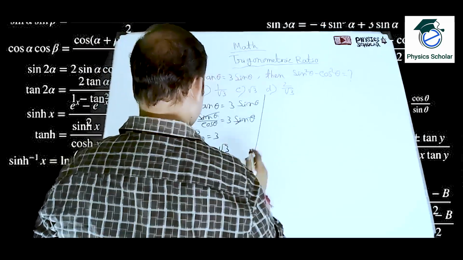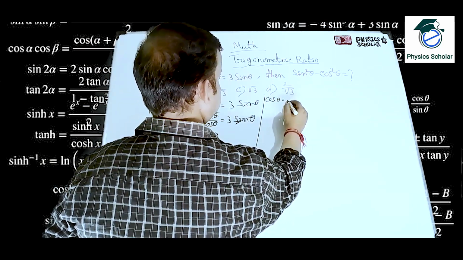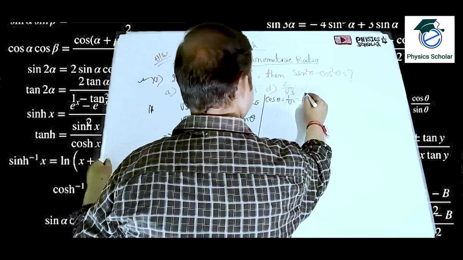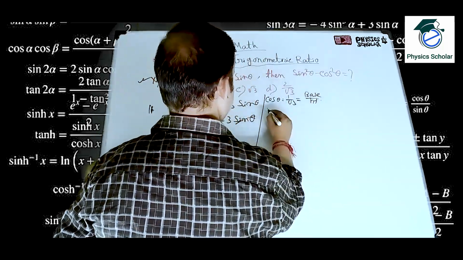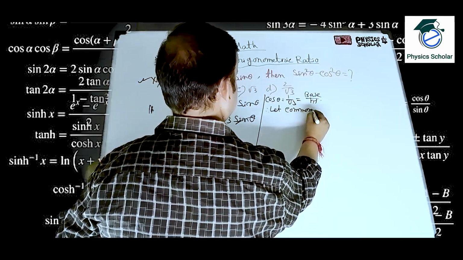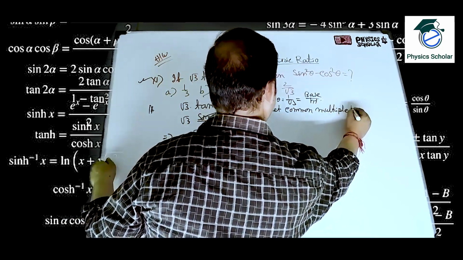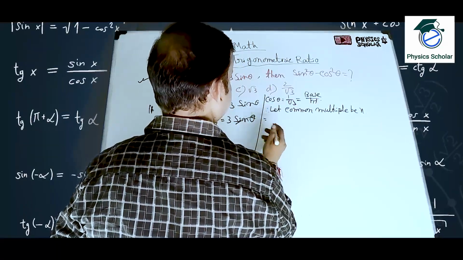Now cos theta is equal to 1 by root 3 is equal to what? Base by hypotenuse. So let the common multiple be x. So therefore what?